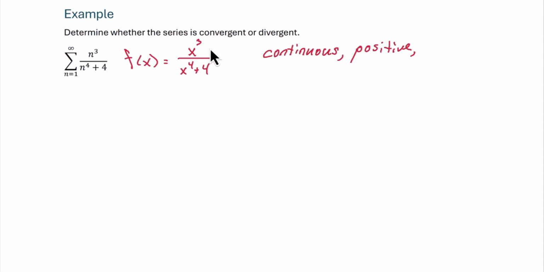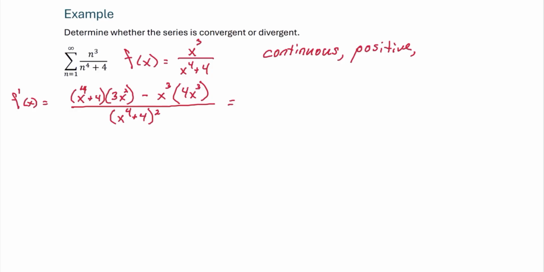But if we wanted to really prove it, we would need the first derivative. So let's try that. Let's take a look at the first derivative. We have x to the fourth plus 4 times 3x squared minus x cubed times 4x cubed, all divided by the denominator squared, just using the quotient rule.